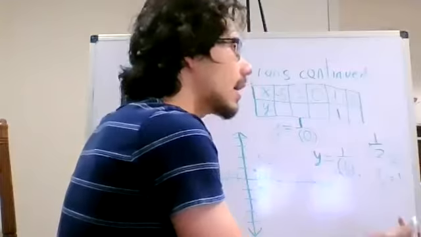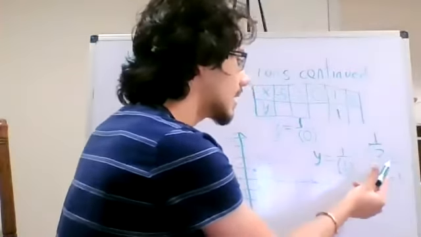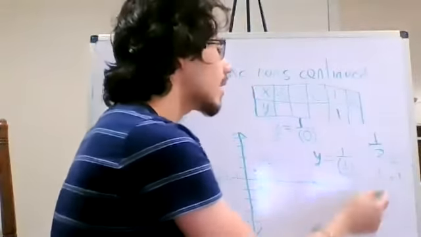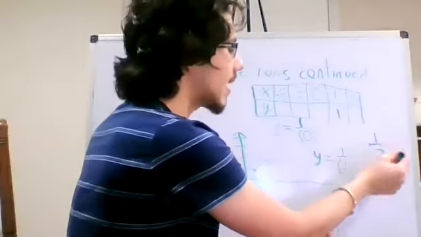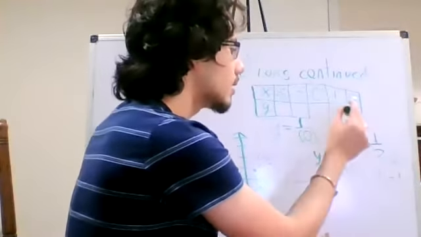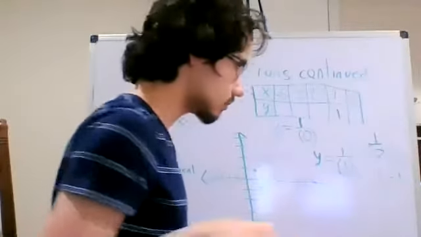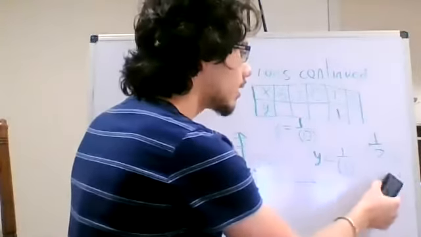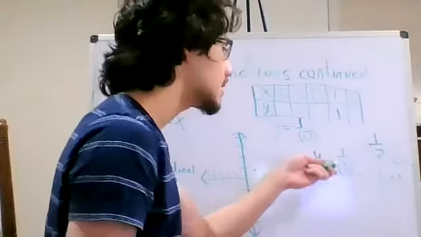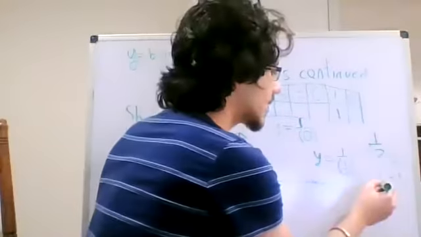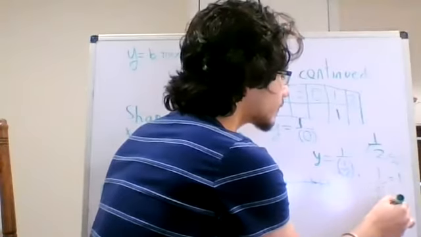So if we divide the denominator, we multiply the whole number. Because we divided it in half, we actually doubled the whole number. So now we have 1 over 1, and what we're doing is trying to divide it by 2 again.